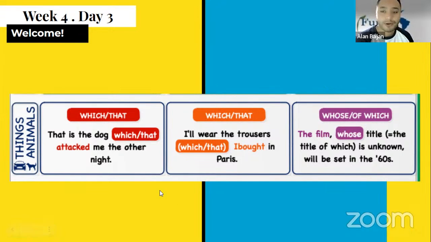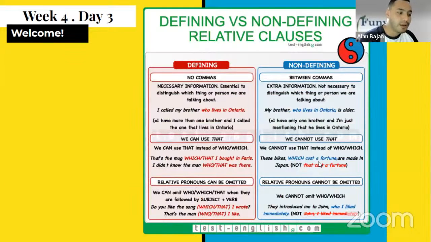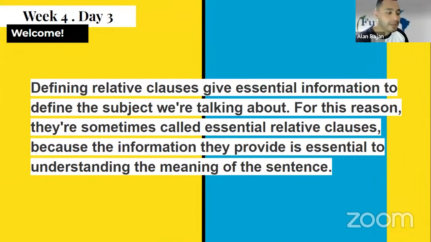Focus your attention on this because it's very important for you to learn and use it for the weekly test, for your life, and for the final test. We will learn the usages of relative clauses, defining and non-defining, okay? Let's learn each topic separately. Let's start with defining clauses.